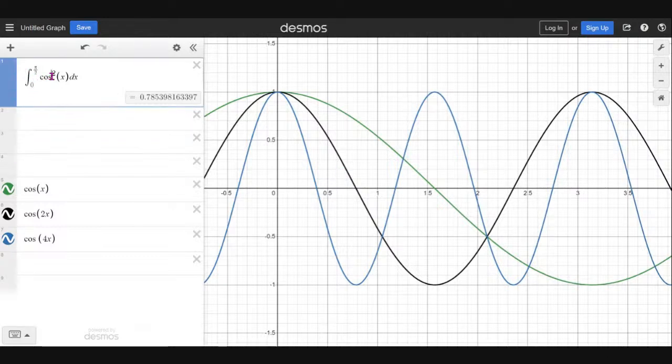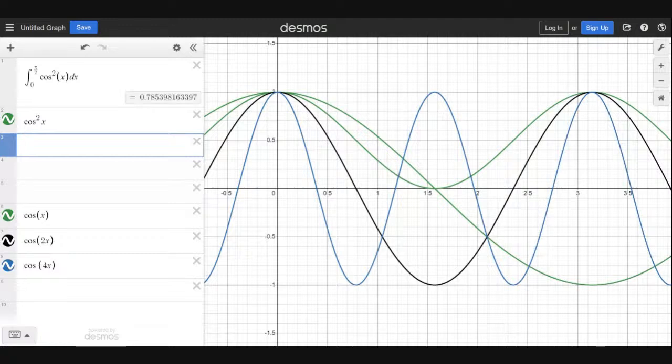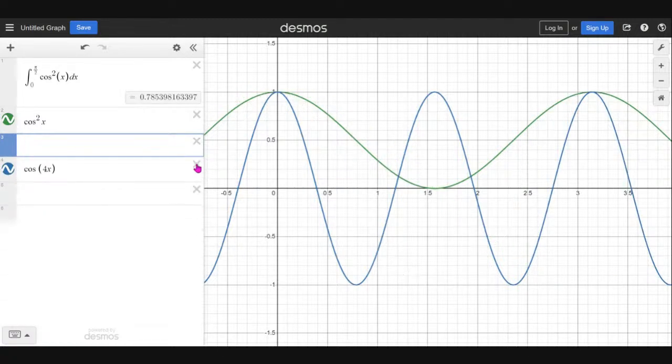Each degree. Let me just get the cosine squared x. Okay, let me remove the rest of the lines. We don't need any of them.